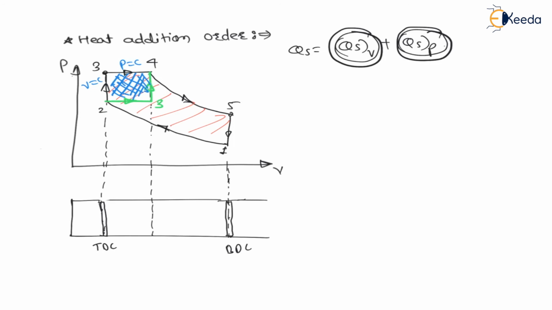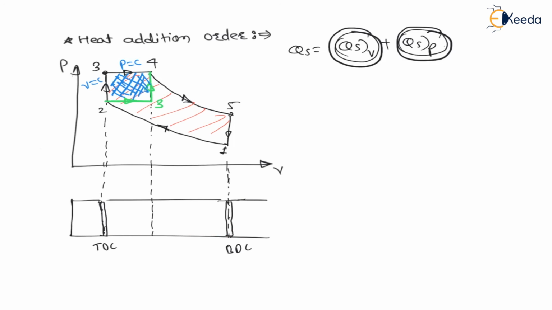And my dear students, practically also it is impossible to add heat at constant pressure first, because during constant pressure heat supply the piston is moving, and during constant volume heat supply the piston is stationary. At TDC, at constant volume, heat is added, and from 3 to 4 and 4 to 5, the piston is moving, right?